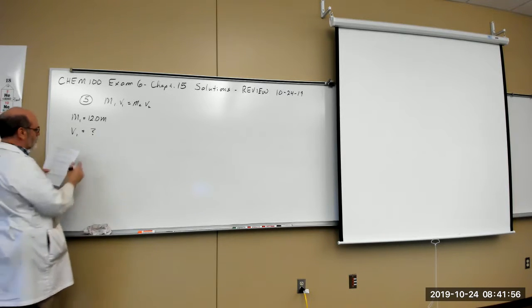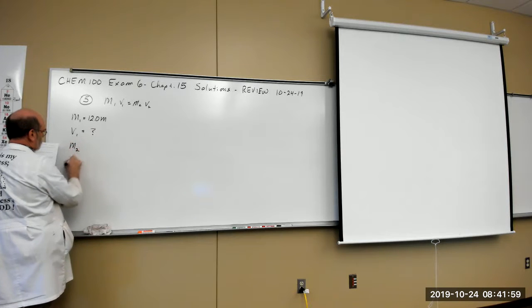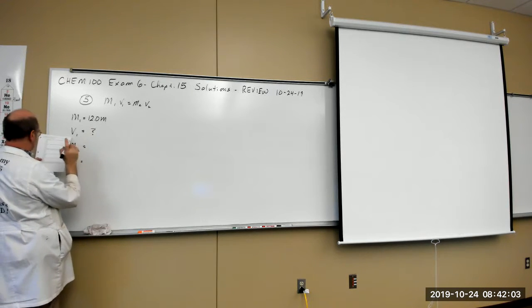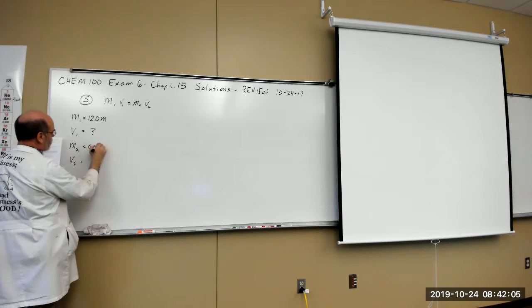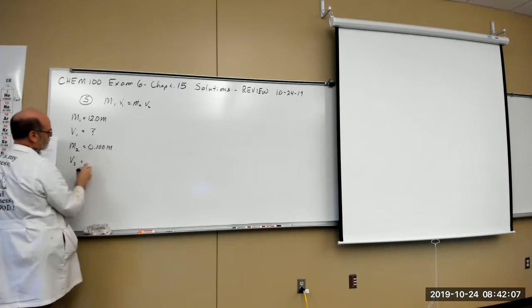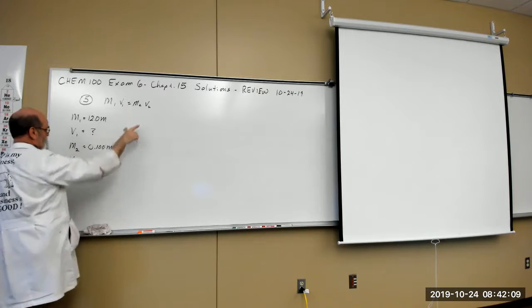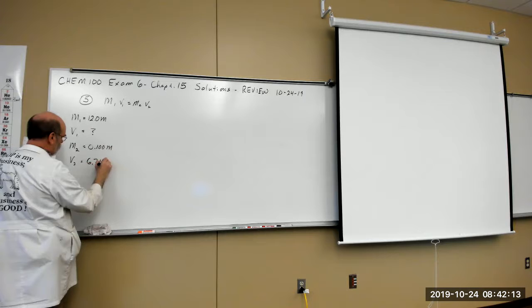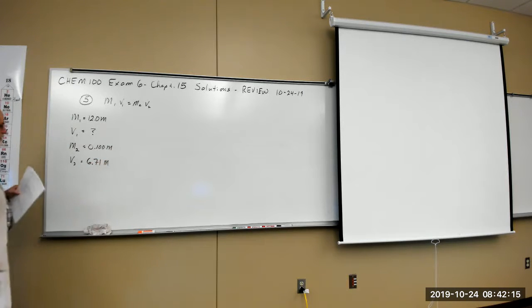And the result you want is a concentration of 0.1 molar on the diluted side, and the volume you want to end up with is 6.71 liters. And here we are again, a hypothetical volume for which there is no known calibrated glassware.